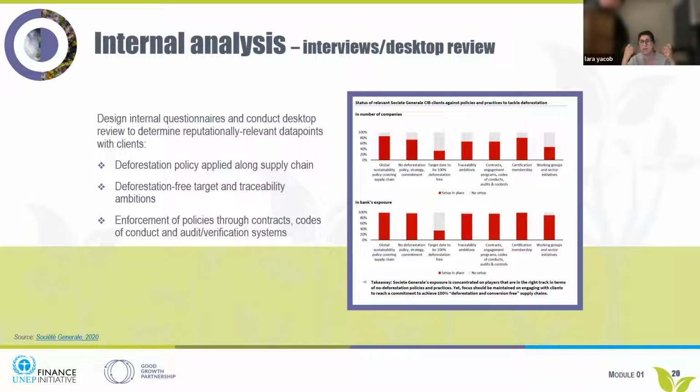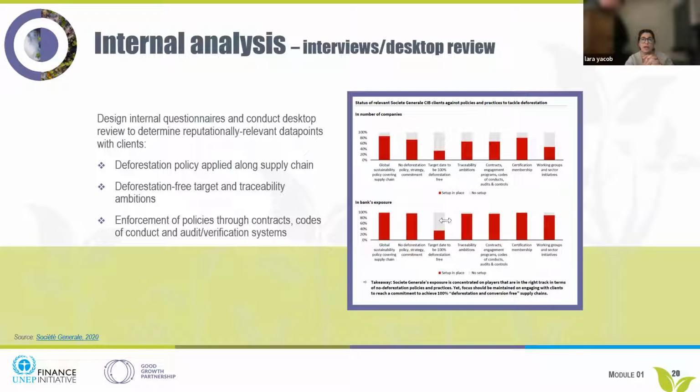How am I responding to reputational risk or financial risk? And oftentimes the starting point is an internal analysis by a bank. And these are gleaned from know your client questionnaires, onboarding questionnaires, when the ESG or business development teams go out and develop those initial business relationships.